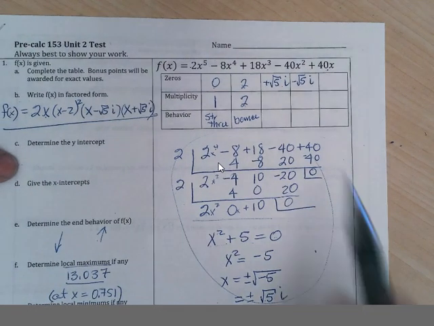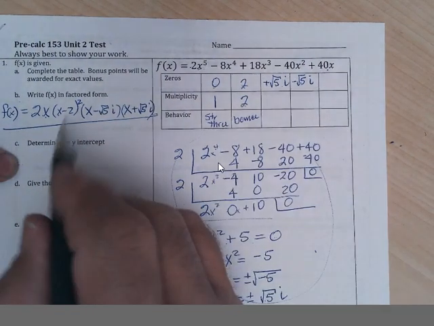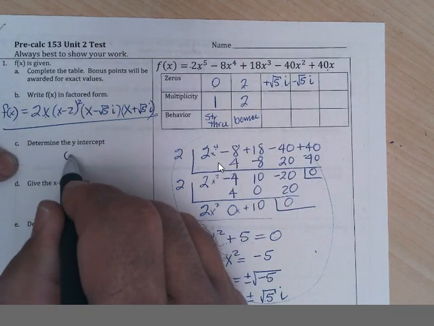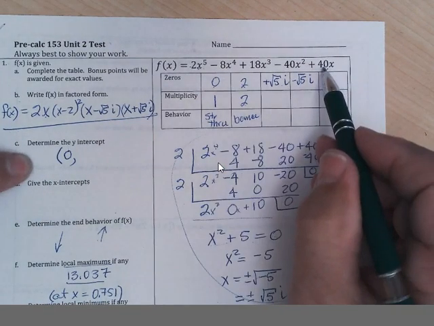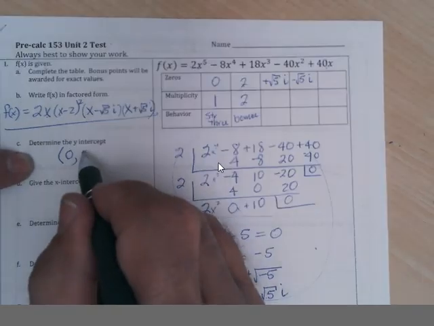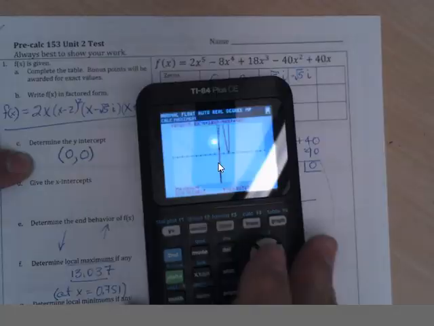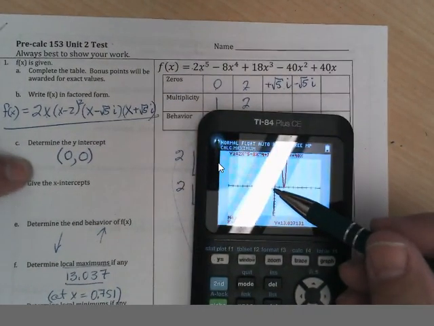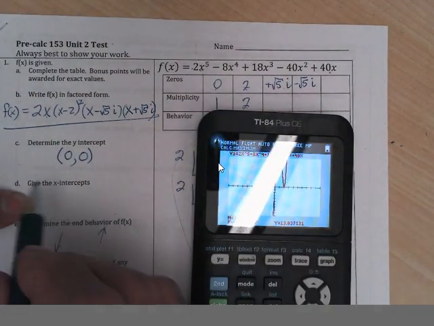Okay, y-intercept. That's just, you let x be 0, and if you let x be 0, intercept's a point, so you should write it as a point. When x is 0, this whole thing works out to be 0. And you can see it on the graph. Goes through 0, 0. And that's an x-intercept too, because it's crossing the x-axis there.